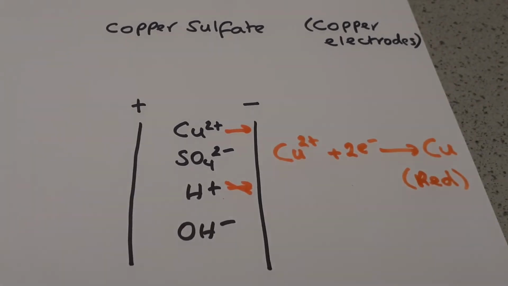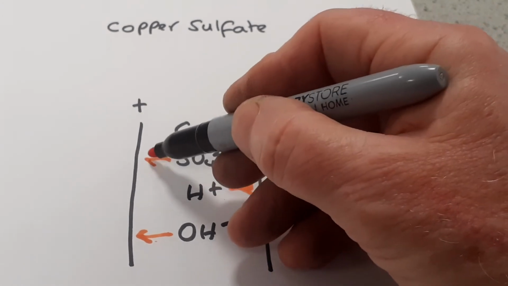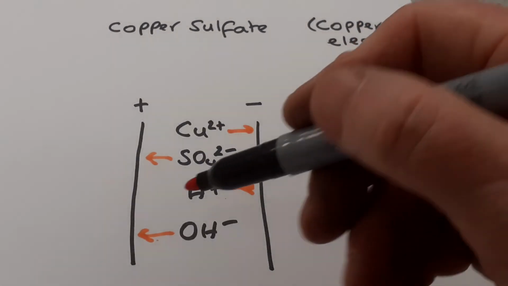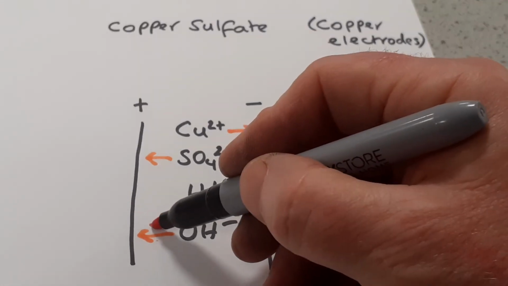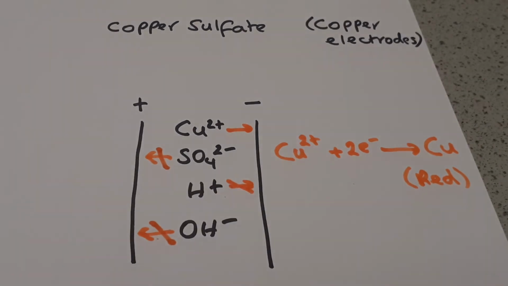At the anode, we both get hydroxide and sulfate moving towards it. Now, what should happen, just like last time, is hydroxide should be released, and we should see bubbles of oxygen. In fact, we didn't see any, and so hydroxide can't be released. Sulfate wasn't released either.